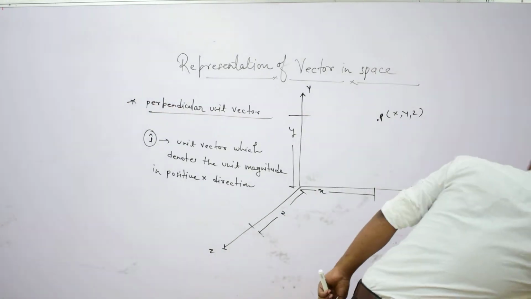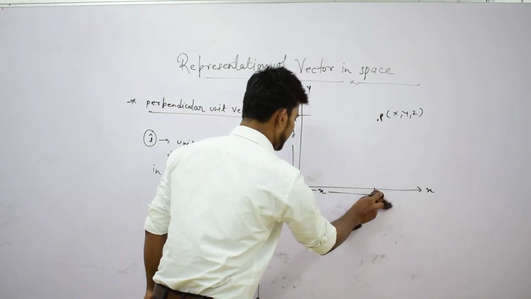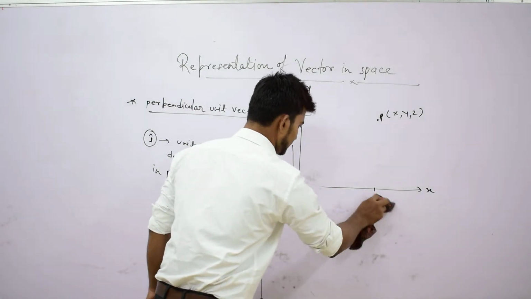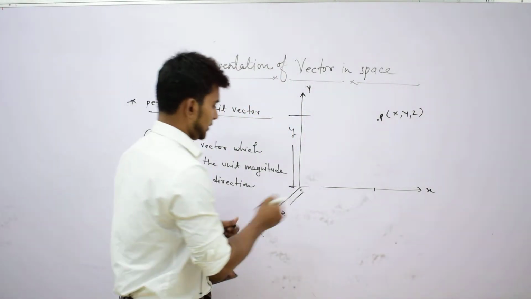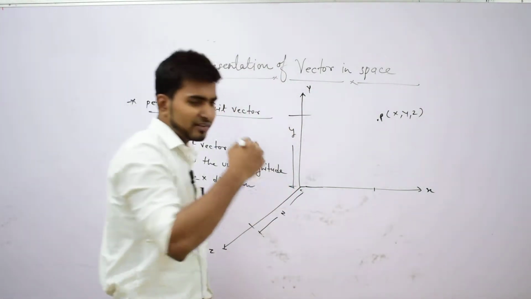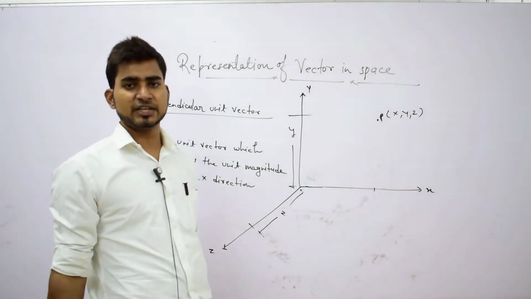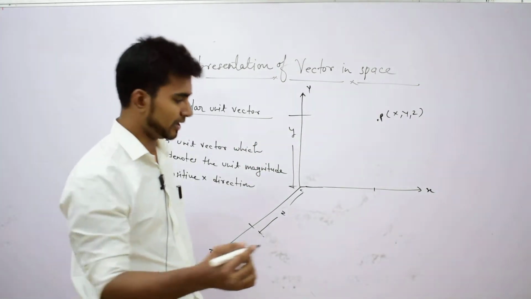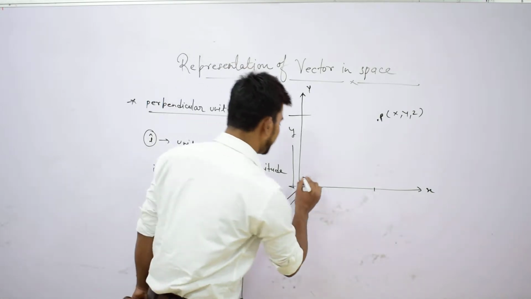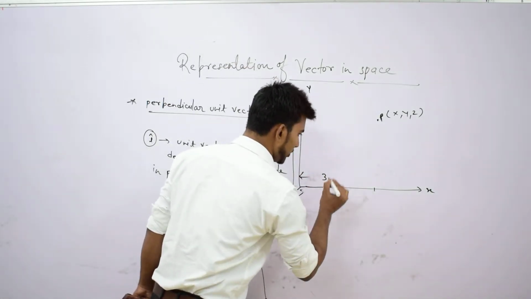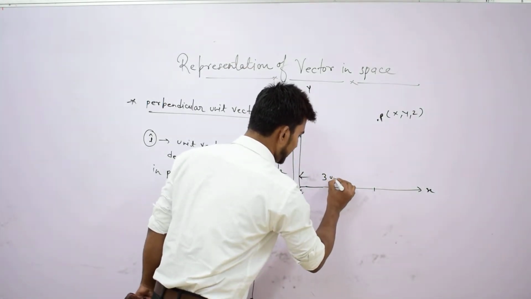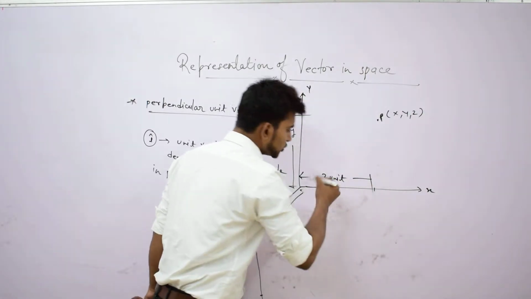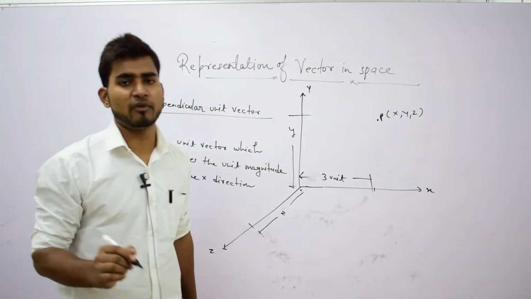Let us suppose the displacement in the positive x direction is 3 units. How can we express this with the help of a vector?